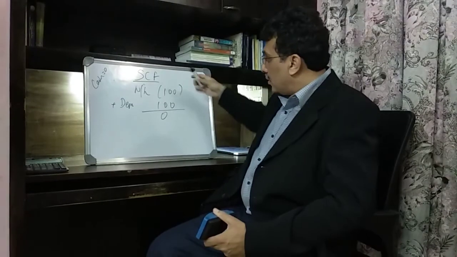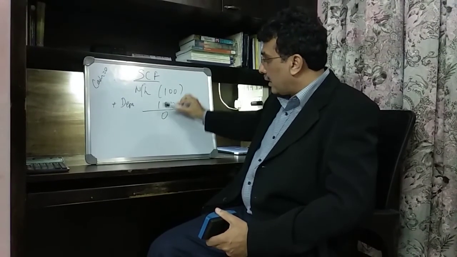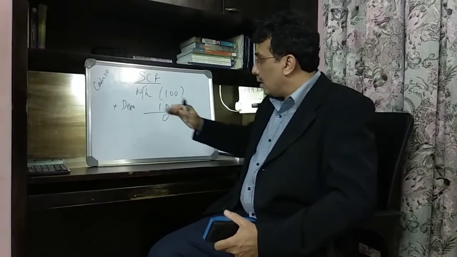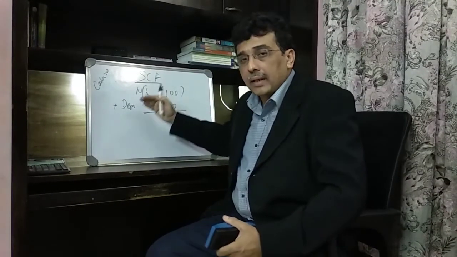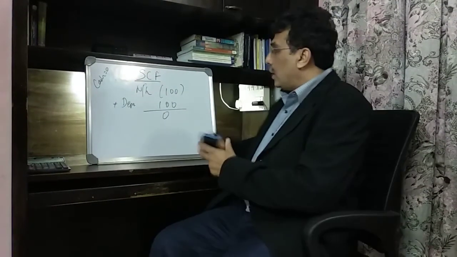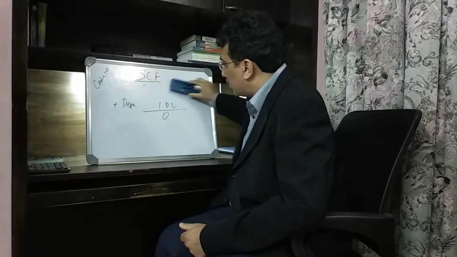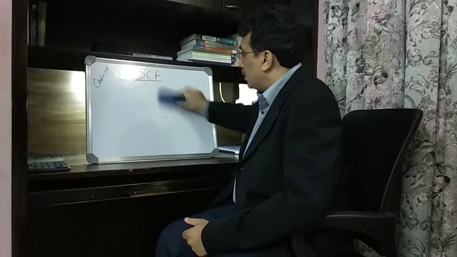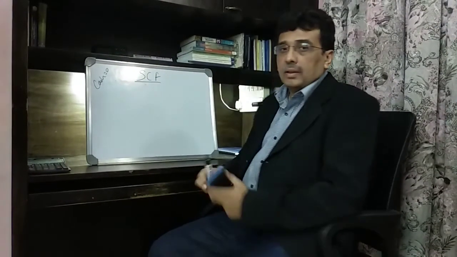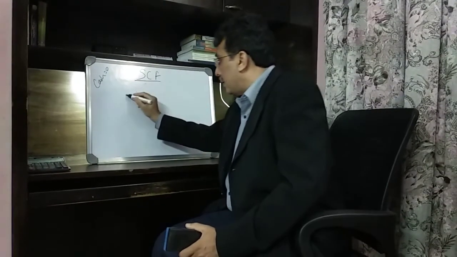So this is how from the income statement we are arriving back at the cash balance, by adding back non-cash expenses. One more example for a non-cash expense would be bad debts provision. So what is the entry for a bad debts provision?